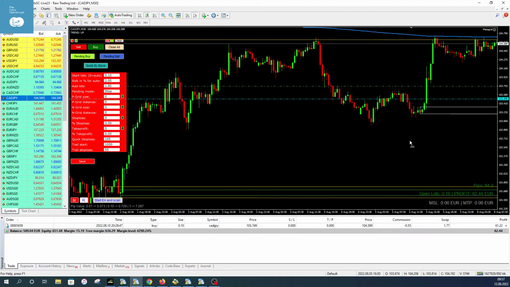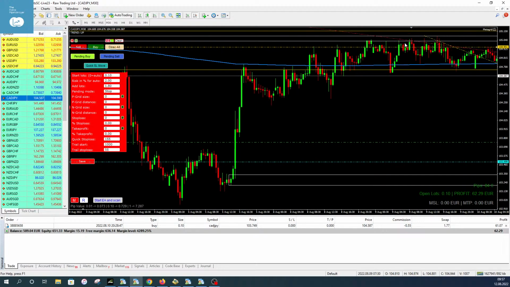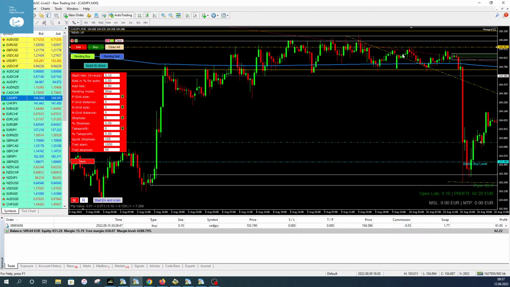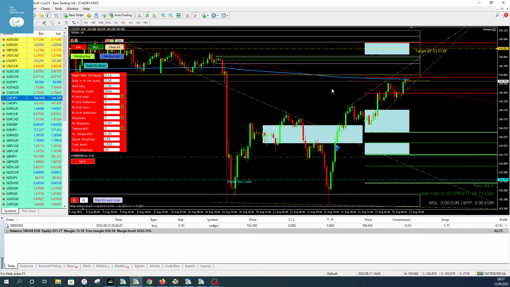Then again it tested this yellow box, another reaction, and then this yellow box got a little bit weaker. The price came into this yellow box, and then it bounced on this white supply zone, sorry, and then we saw this drop, and now the buyers once again come through this yellow supply zone.